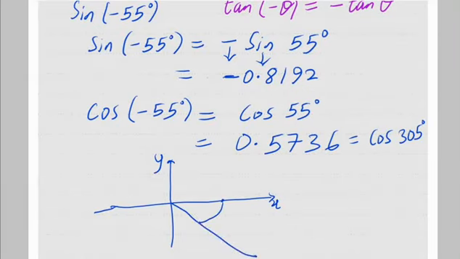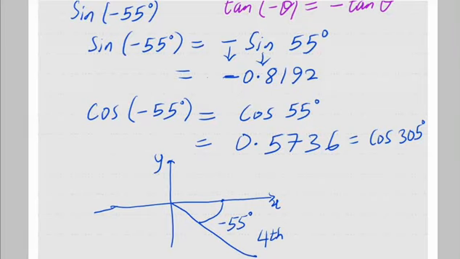So if you go clockwise, you will discover that minus 55 degrees will fall in the fourth quadrant. So because it is in the fourth quadrant, it's going to be positive. That is why we have just 0.5736. And this value is the same as cos 305 degrees.